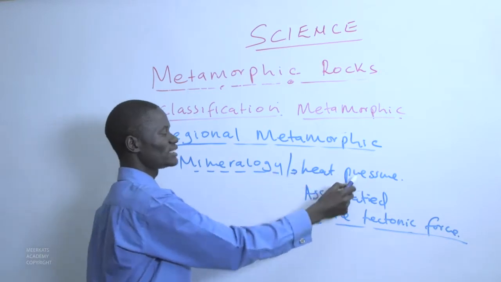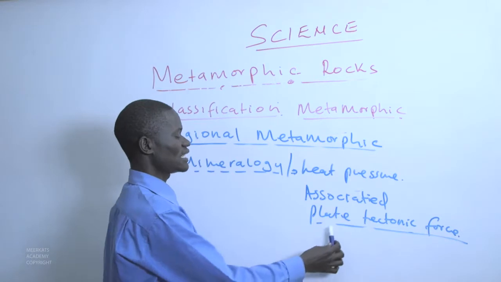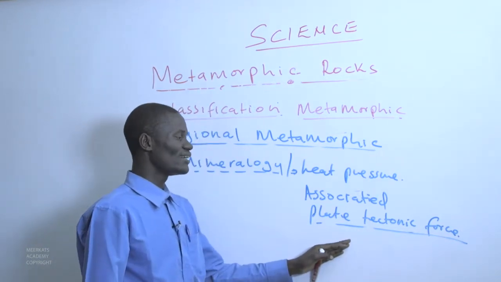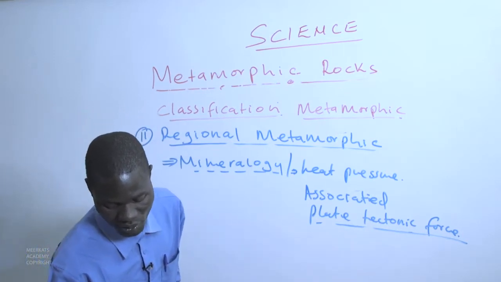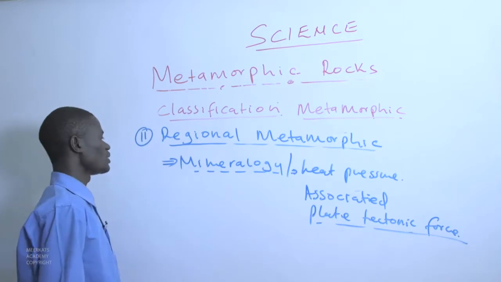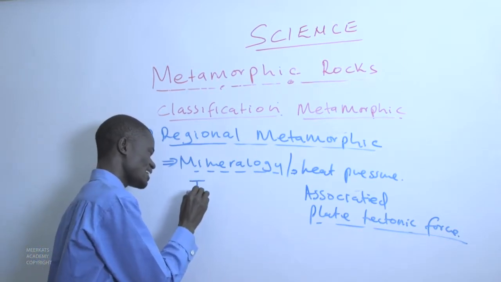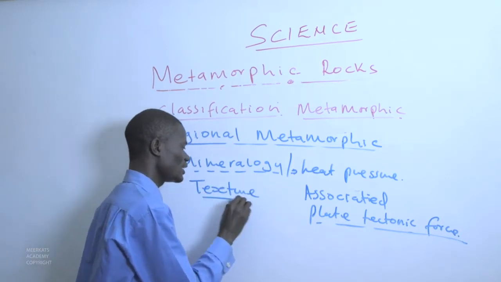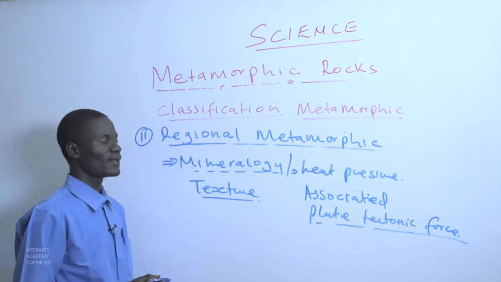Now, the mineral content, after being subjected to the heat and pressure that has resulted from tectonic force, for example, an earthquake, in those regions, over a period of time, will result in the rocks changing texture. It is the texture that will change, but not the color.